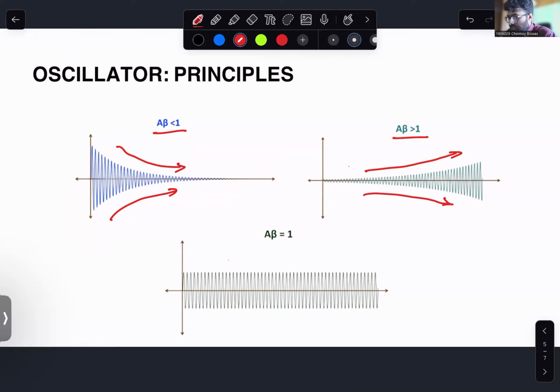And sustained oscillation is only possible when the loop gain is equal to 1. So when A times beta is equal to 1, at the time, the feedback signal Vf will be the same as the input signal provided initially. And so the input signal and the feedback signal will be in the same phase. So in that case, we will get the sustained oscillation at the output.